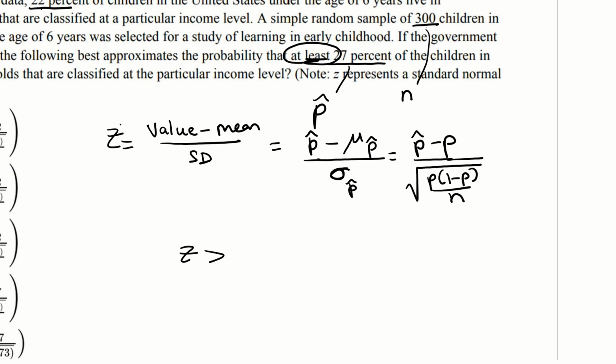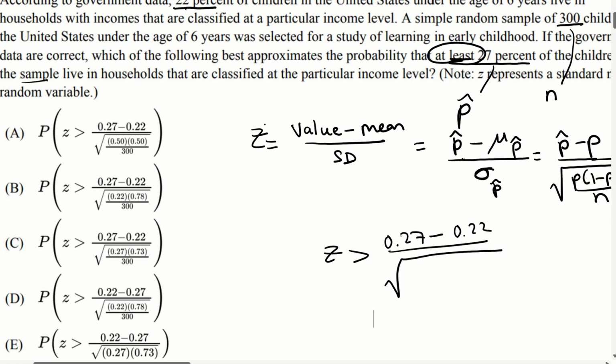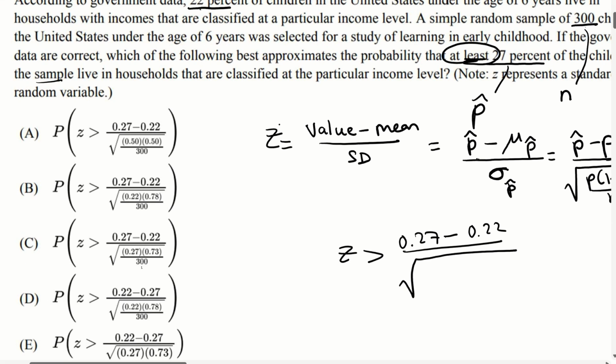So P hat, we said was 27%, so 0.27 minus P is 0.22, divided by square root, and this is where you would use the P and not the P hat. Because if you use P hat, you would end up choosing C, right? Because C has P hat.